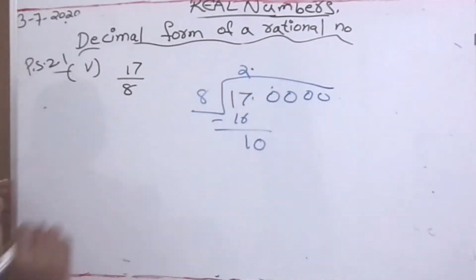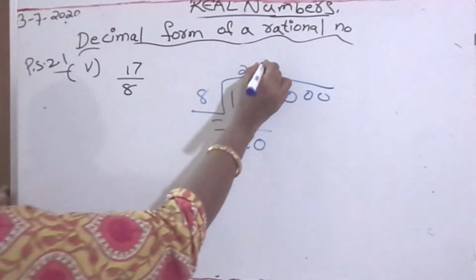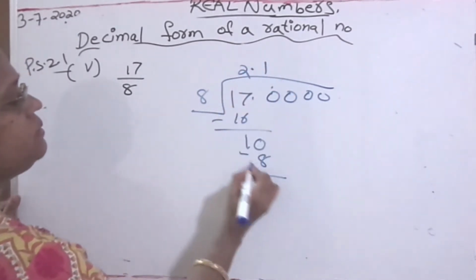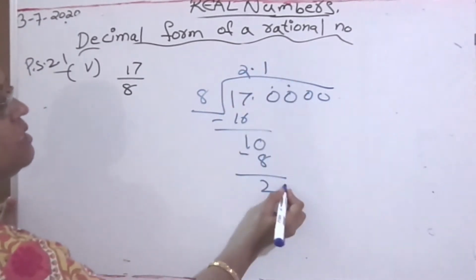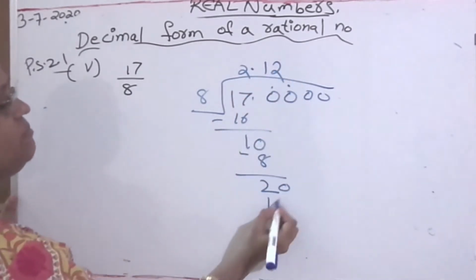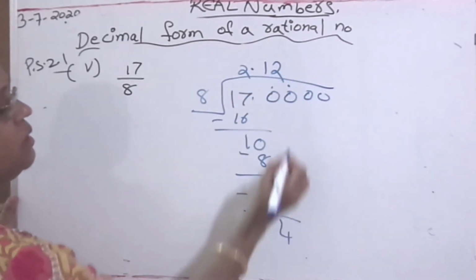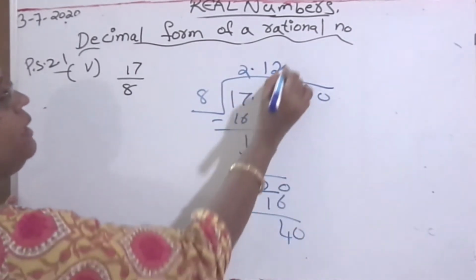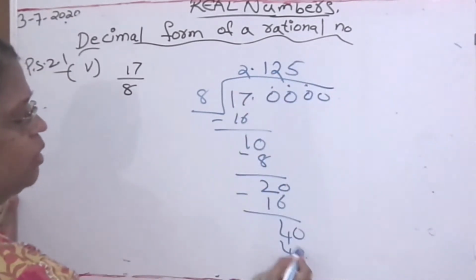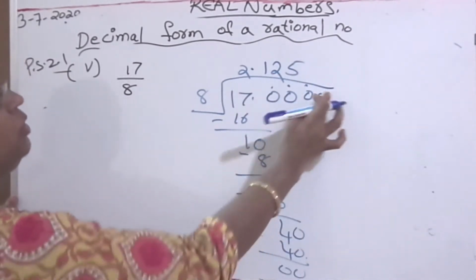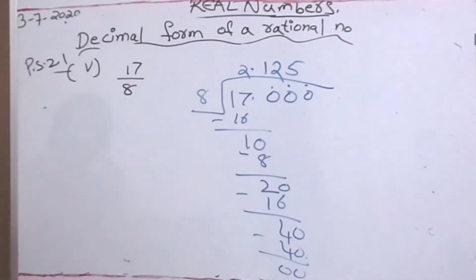Put a decimal point on top. 8 goes in 10 how many times? 8 1s are 8. 2. Put on the next 0. 8 2s are 16. Put on the next 0. 8 5s are 40. You are getting remainder 0. You don't need this 0 there. So that means it's 2.125.